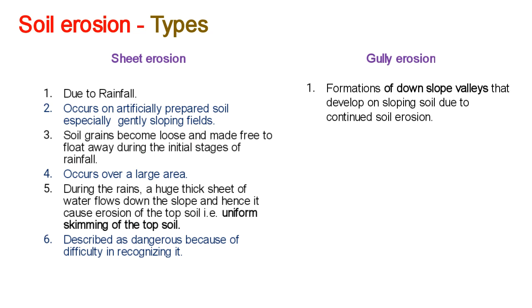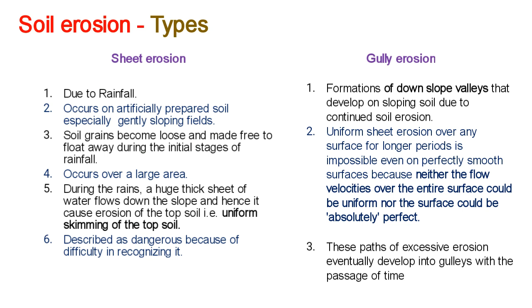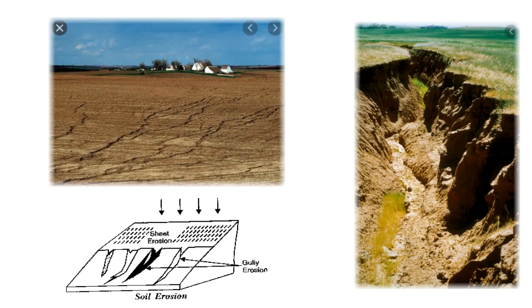Gully erosion, on the contrary, is the formation of a downslope valley on the field floor. The two are entirely different in nature. I am not explaining each and every statement; you can take time and read and understand. On the left side we have sheet erosion, where the entire topsoil over a large area got removed.